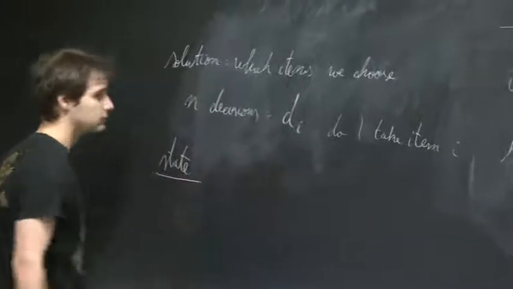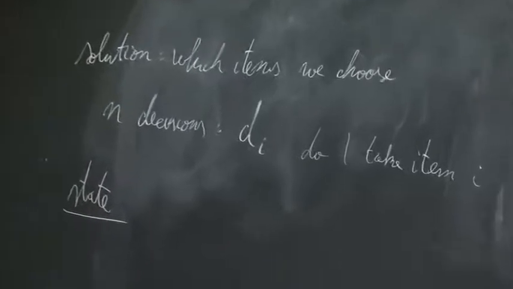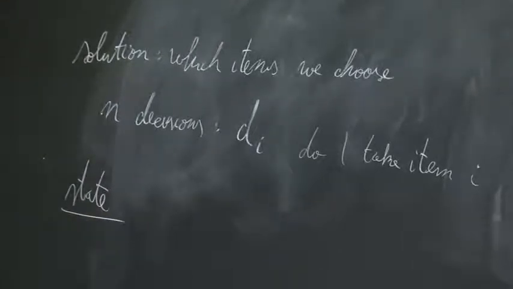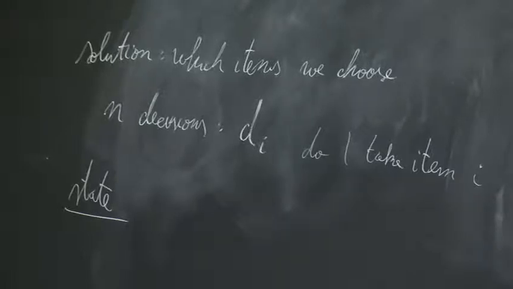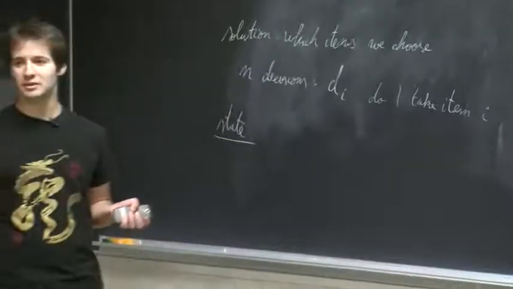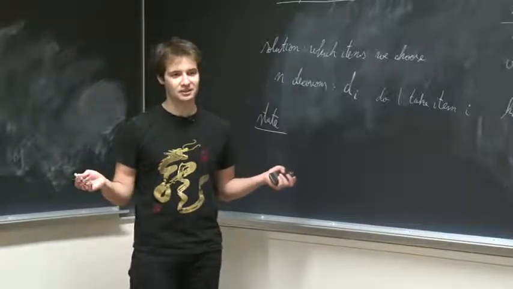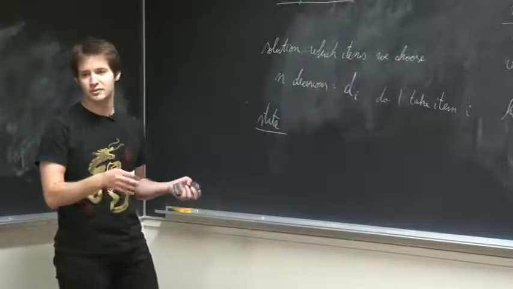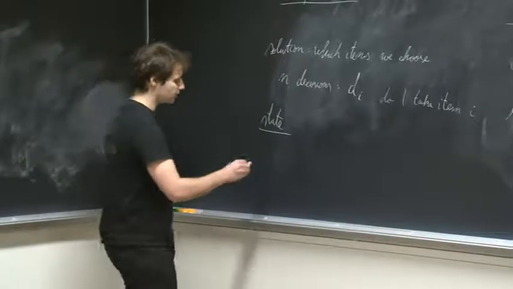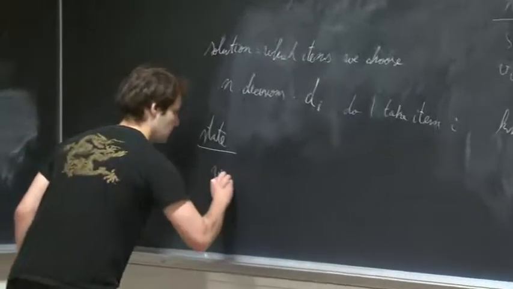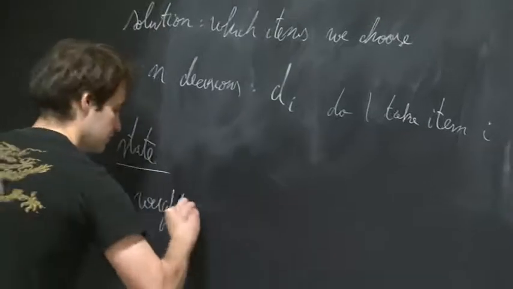How much capacity we have? Yep, very good. So the reason I need that is when I'm deciding whether I'm taking an item or not, I want to know if I'm going to get shot or not. So if I take too much stuff, I'm not going to make it. So I need to know if this item fits in my backpack or not. That's equivalent to knowing how much weight I have left.